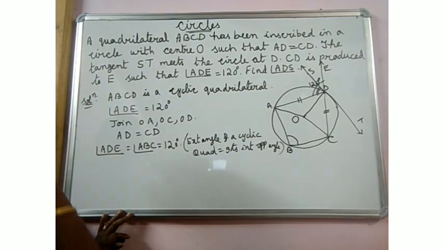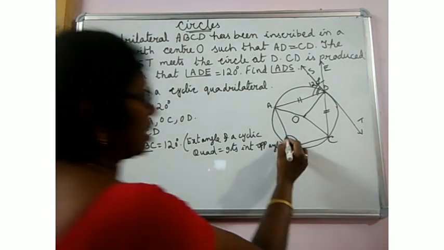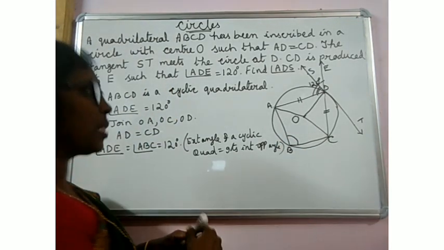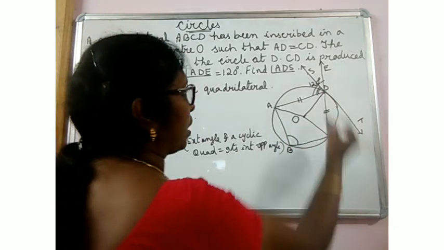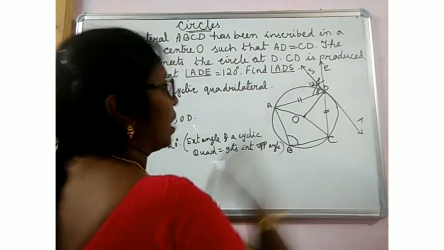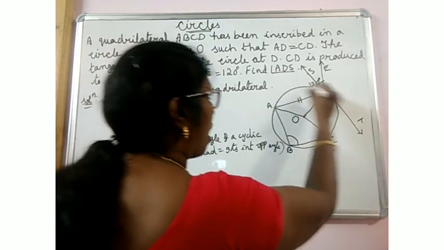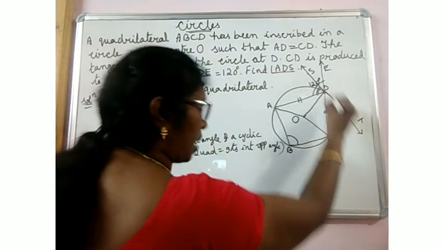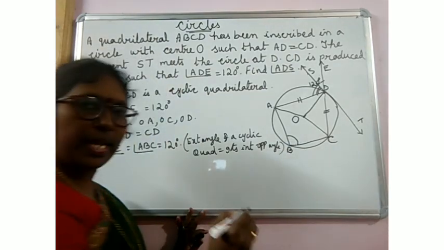Reasons are to be written within the brackets always. Now you see, for this quadrilateral ABCD, this is angle ABC subtended by the arc AC or arc ADC at the circumference.